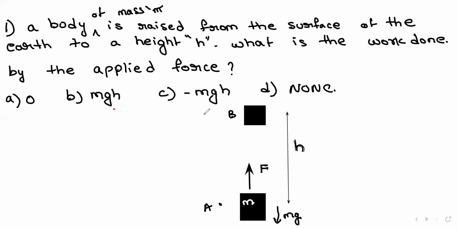Here we have to find the work done by force F, right? Work done by force is nothing but force vector dot displacement vector. So what is the displacement vector? h is only the magnitude. Just see, a very important point: what is a vector?